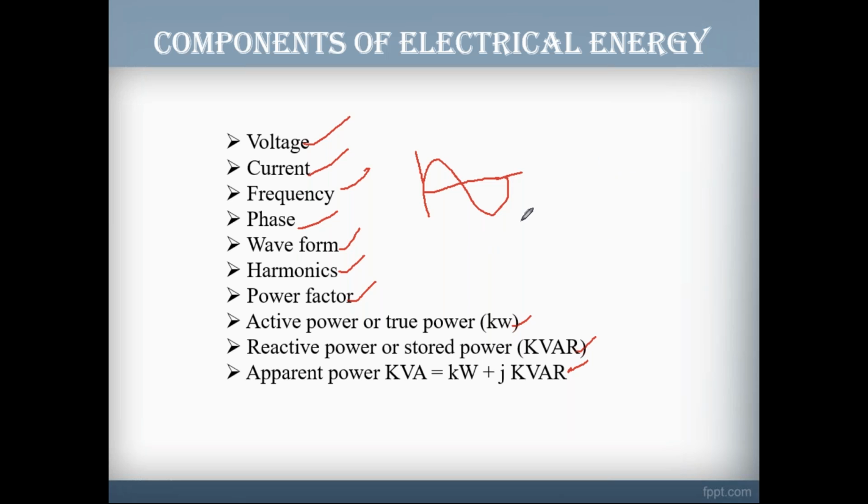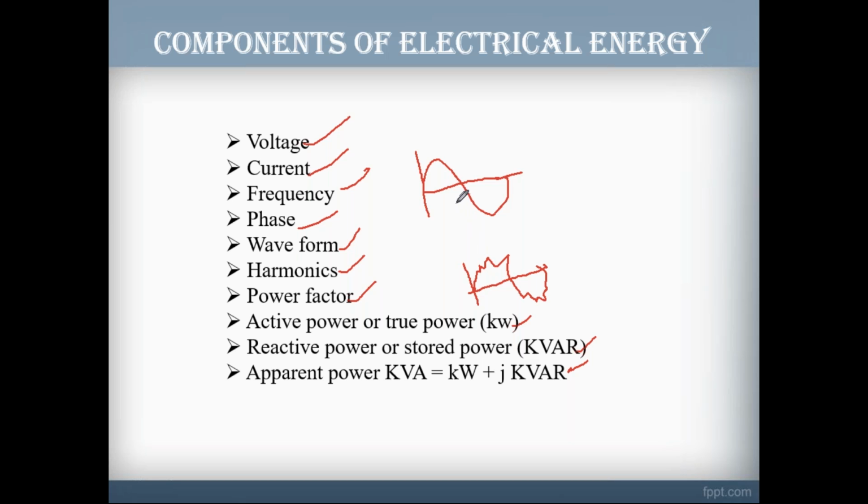Now when this purely sinusoidal waveform, the pure AC supply, is applied to the electronic device, the circuit in that device gives a waveform like this. When you observe these two waveforms, there are disturbances, and these disturbances are nothing but harmonics.